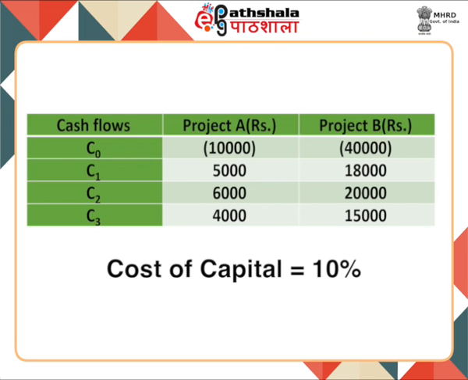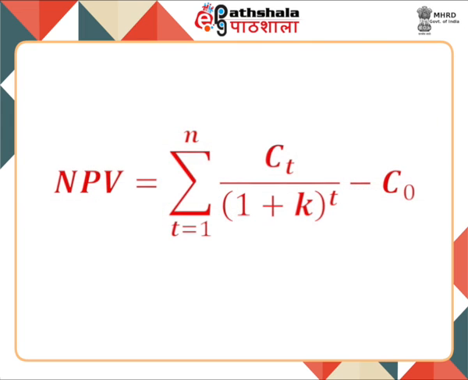Now substituting these values in the formula of NPV, NPV is equal to the summation of t going from 1 to n of Ct upon (1 plus K) to the power t, minus C0.